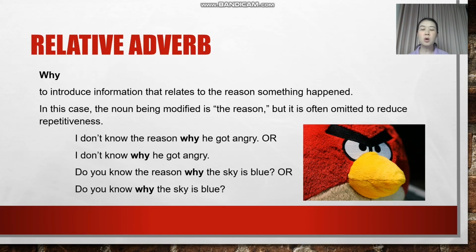Or, do you know the reason why the sky is blue? Or, do you know why the sky is blue? So it's possible in two ways. You can use the words the reason, or you just remove the words the reason. That's fine. Anyway, when we are using the word why as the relative adverb, that is to mention something related to the reason.